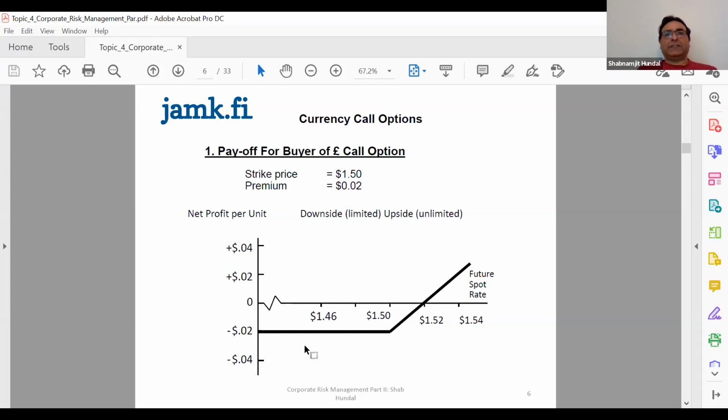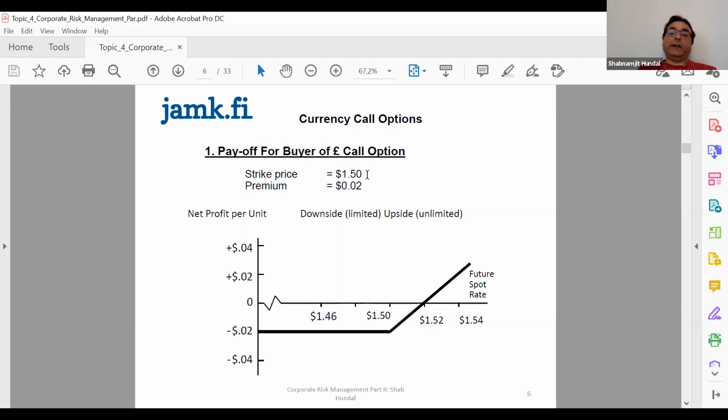Let's simplify the example even more. Let's say that this option which you buy has a contract price of £1 equal to $1.50. It's an OTC option, which means it has a fixed date. It's a European option, fixed date. And on the fixed date, you are going to make a payment to this British company, because it's a pound.